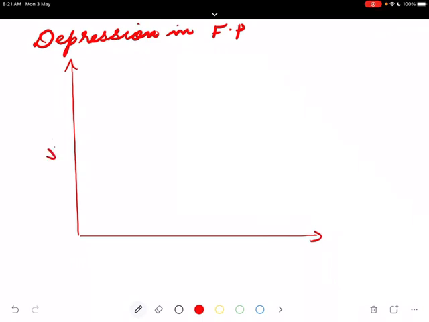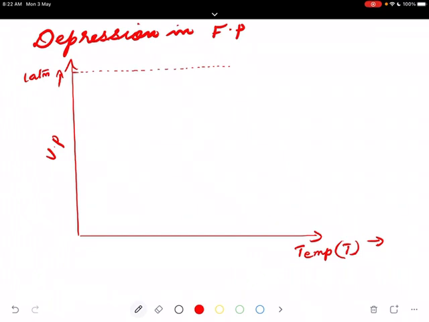Vapor pressure on y-axis and temperature, Kelvin scale, temperature T on x-axis. This is 1 atm. On the top it is 1 atm, atmospheric pressure.